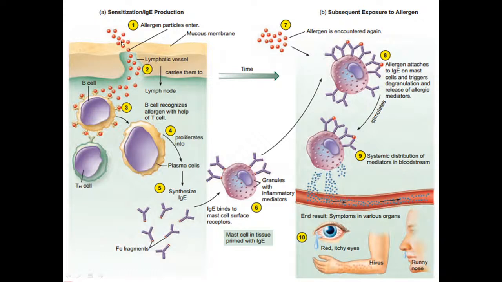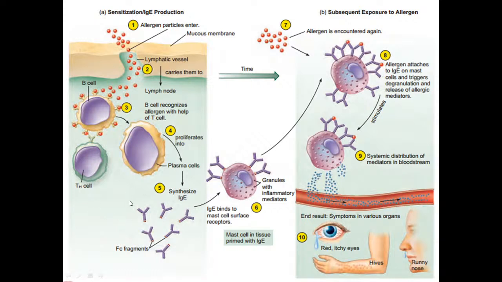Let's look once more. Allergen enters the human organism the first time, enters the lymphatic system, and B cells are activated, proliferate into plasma cells and produce IgE.